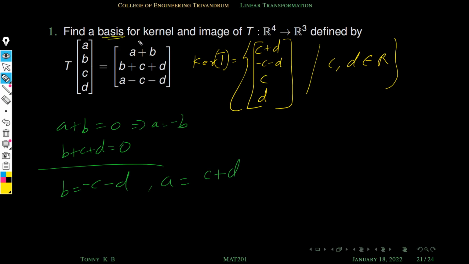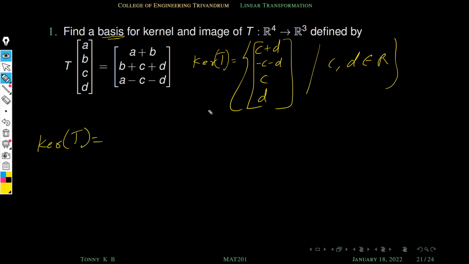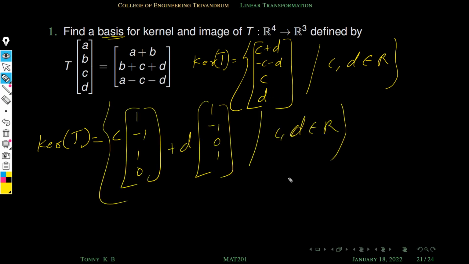Next we have to find a basis for the kernel. It is possible to write our kernel as a linear combination of 2 vectors. Can you identify those 2 vectors? Yes, we can write kernel of T as c times (1, minus 1, 1, 0) plus d times (1, minus 1, 0, 1), where c and d are any real numbers.